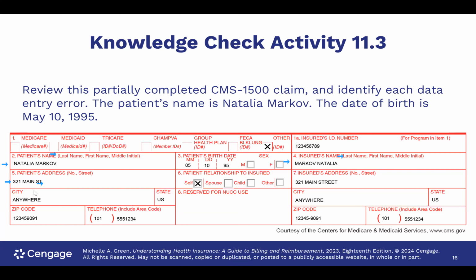We have to type out the whole thing, street, or just ST. And then finally, we have block 7. All right, number, street. And with the zip, again, no hyphen. So those are some of the errors that you can see here.